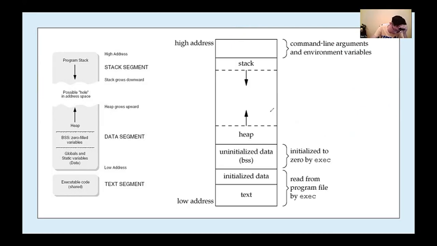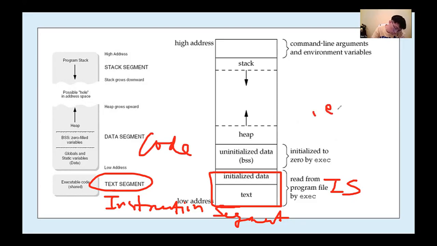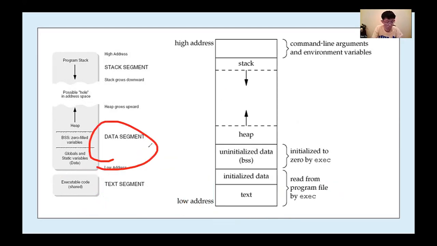What is needed is that you need to know about the IS, that's called the text segment or instruction segment. The text segment, or instruction segment, is actually your code. That C file will be compiled and loaded to memory in this section. Your global variables and static variables will be put into the data segment.